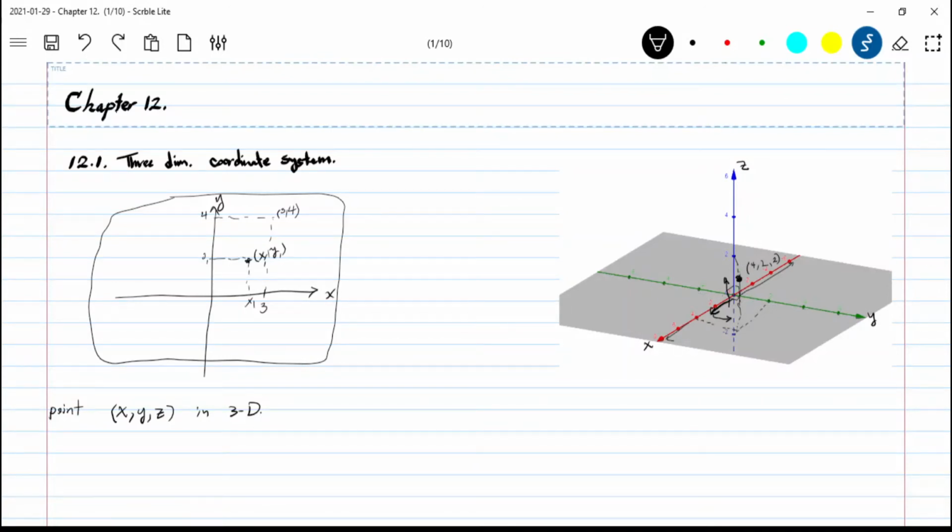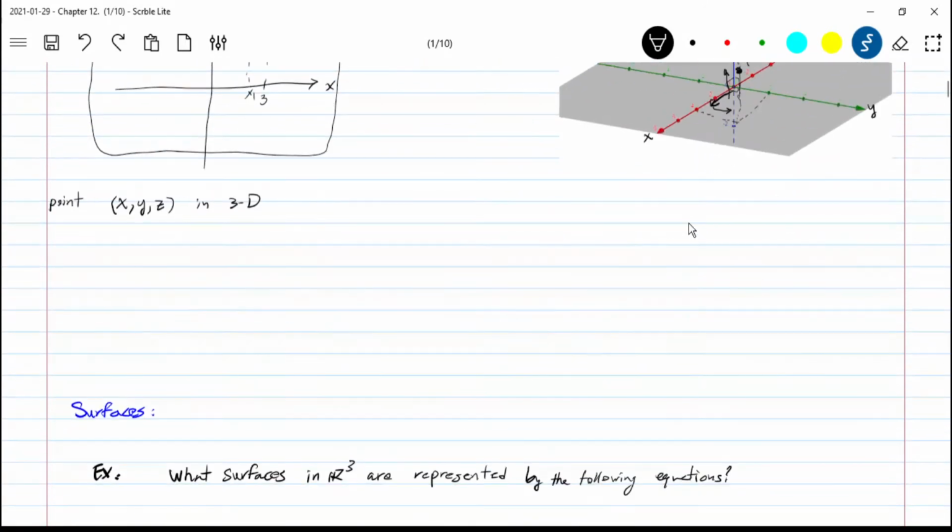Okay, let me erase some of these arrows so we have a clearer form in 3D. So normally you don't have this axis. If you're trying to plot something, you should draw these three orthogonal-ish axes and say this is x, that is y, this is z.